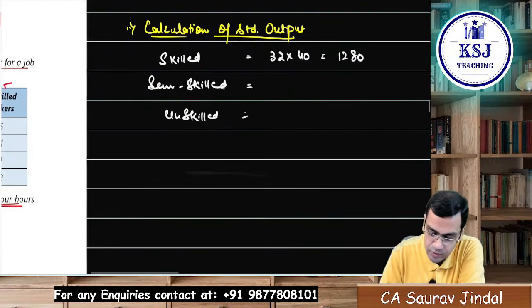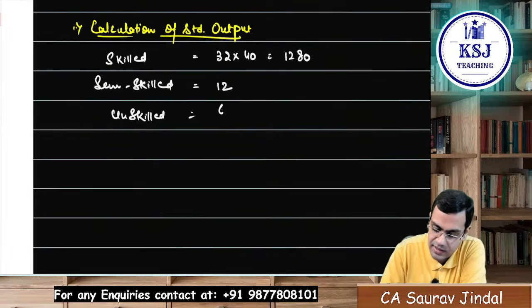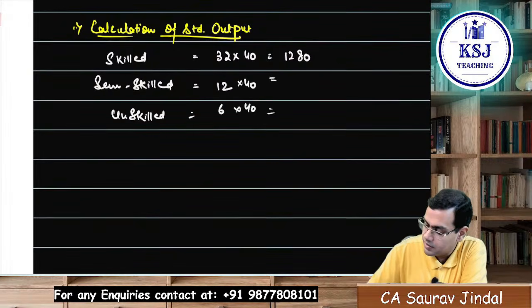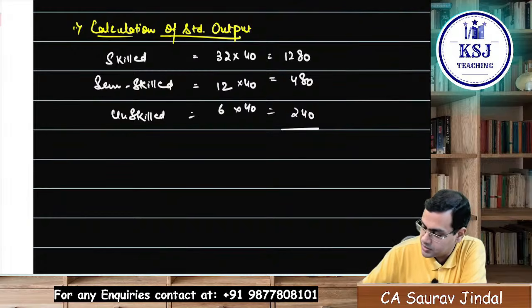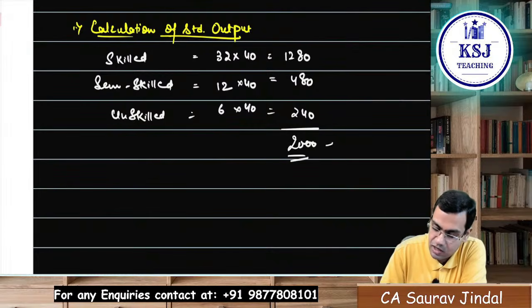Next is 12 and 6 workers into 40, right? That is 480 and 240. So total is 1280 plus 480 plus 240. Sir, this is what? This is the standard output.